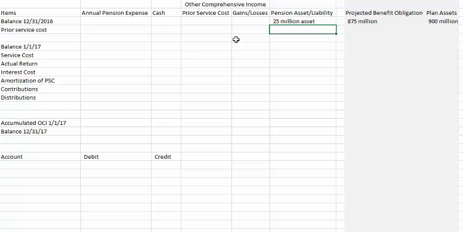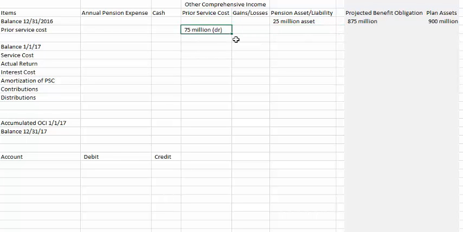So instead, we're going to smooth that effect out by moving it over to the other comprehensive income section of the balance sheet. I'm also going to denote whether these have a debit or a credit, because it'll help us at the end. This is like a loss, an expense, so it would have a debit effect to the other comprehensive income.